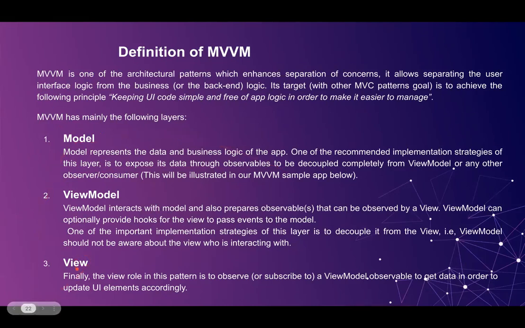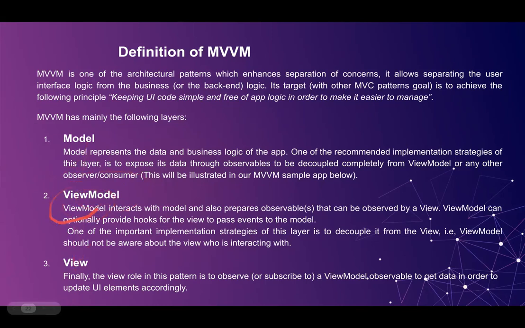So view has the interface, model has the business logic, and the view model is like the middle guy. The view model is a place where we bind the view and the model. We can consider the view model as a bridge between those two, model and view.